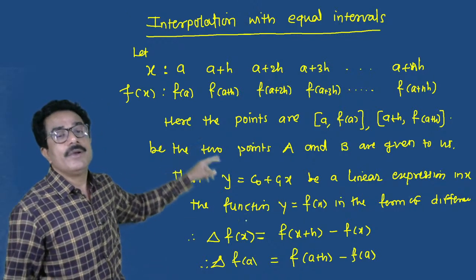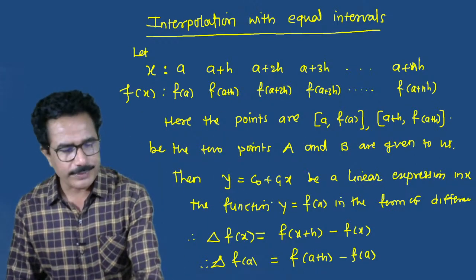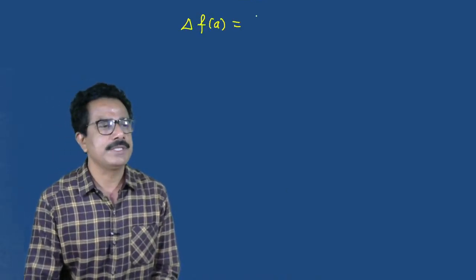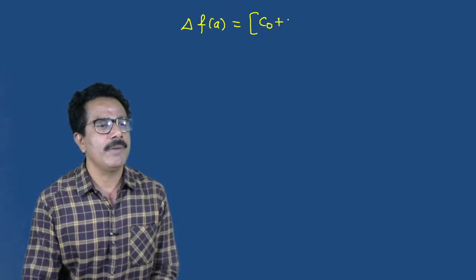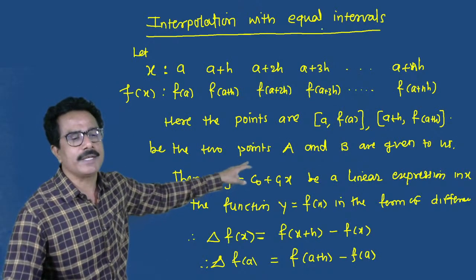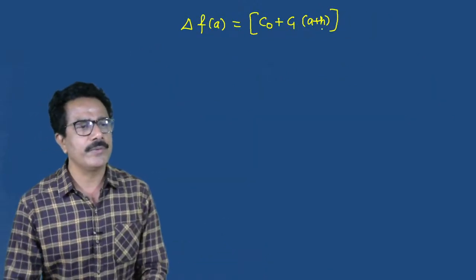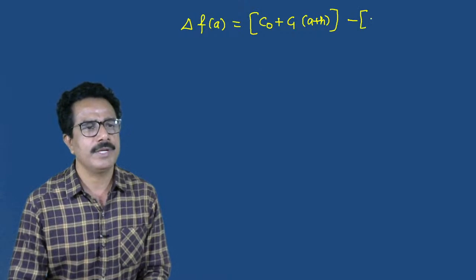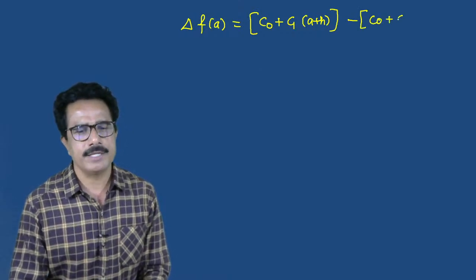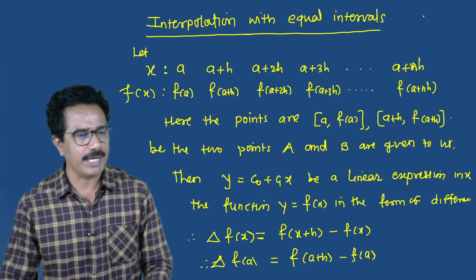But here y is equal to f of x is C0 plus C1x. So we can write this difference delta f of a as C0 plus C1 into a plus h, in place of x put x plus h, minus C0 plus C1 into a, where C0 and C1 are constants.